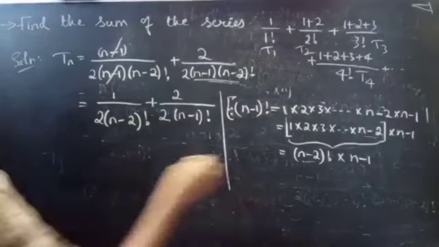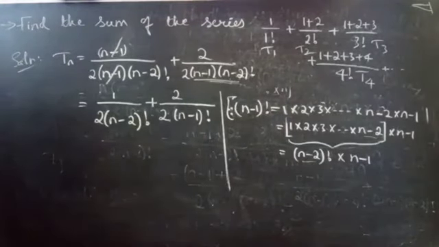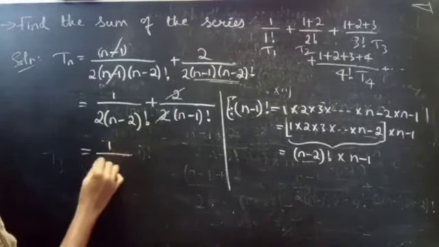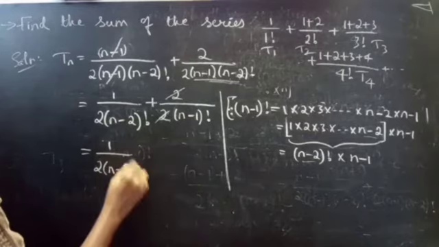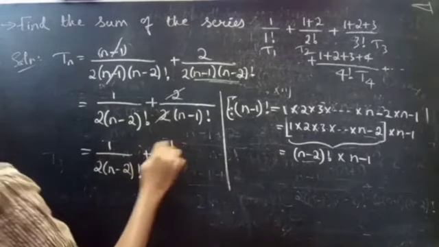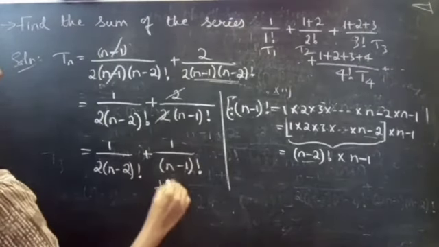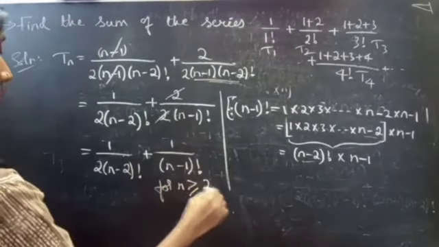Got it? So now you can cancel 2, 2. Finally you'll get 1 by 2 into (n minus 2) factorial plus 1 by (n minus 1) factorial for n greater than or equal to 2.